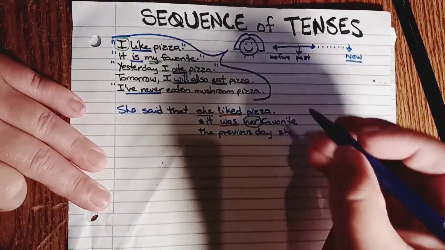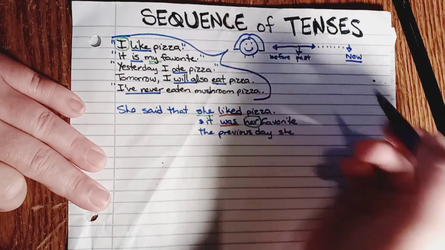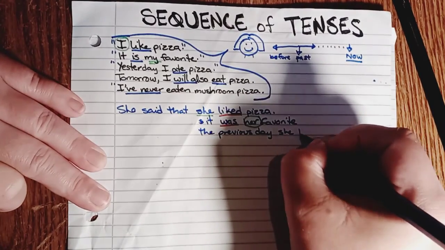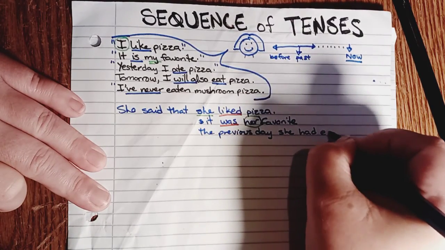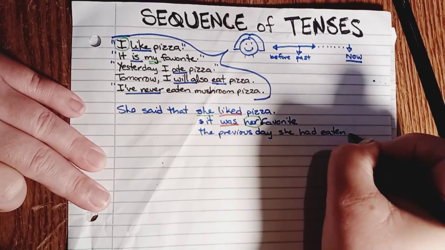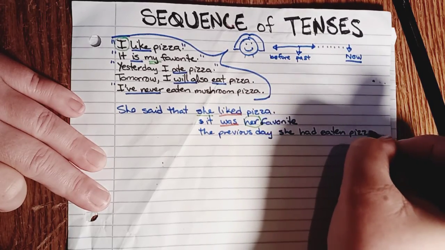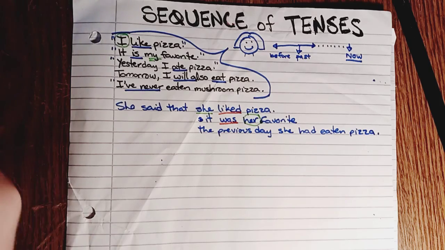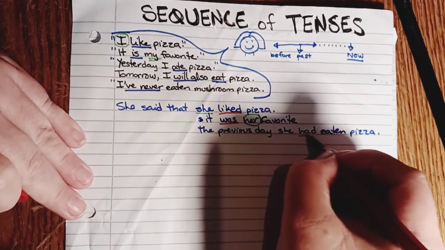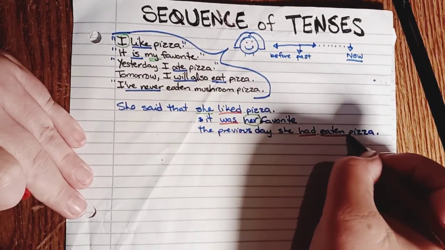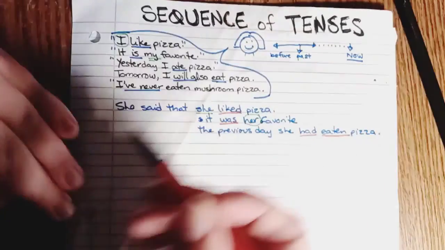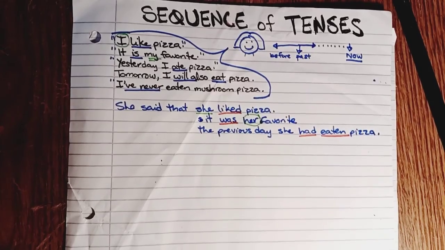The past perfect is the tense that we use to talk about the past before the past. So she said that the previous day she had eaten pizza. The past perfect is formed by putting the auxiliary had and the past participle of the verb. So ate changes to had eaten because it happened previously.